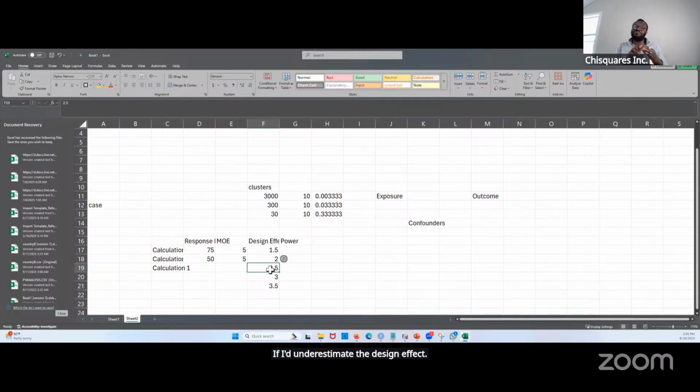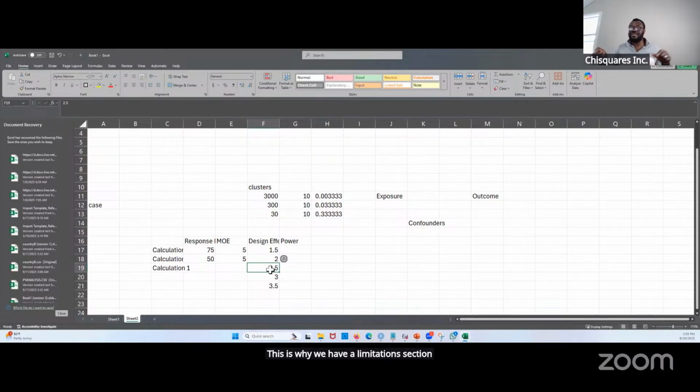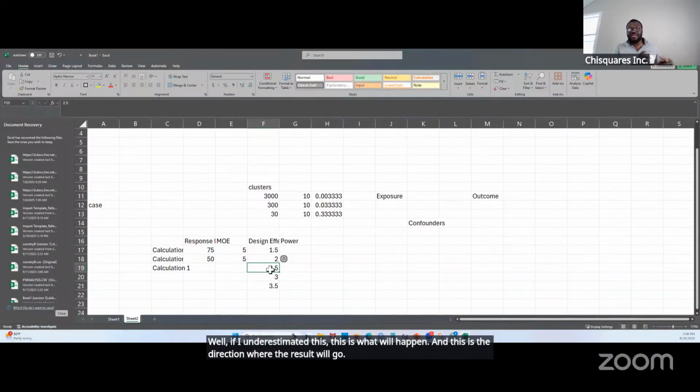And I'm going to put that in my limitations. This is why we have a limitations section in the manuscript. So what is required of you in this case is to know, one, the direction and magnitude of the bias. You should be able to know, well, if I underestimated this, this is what will happen, and this is the direction where the result will go. That's what we expect of you.